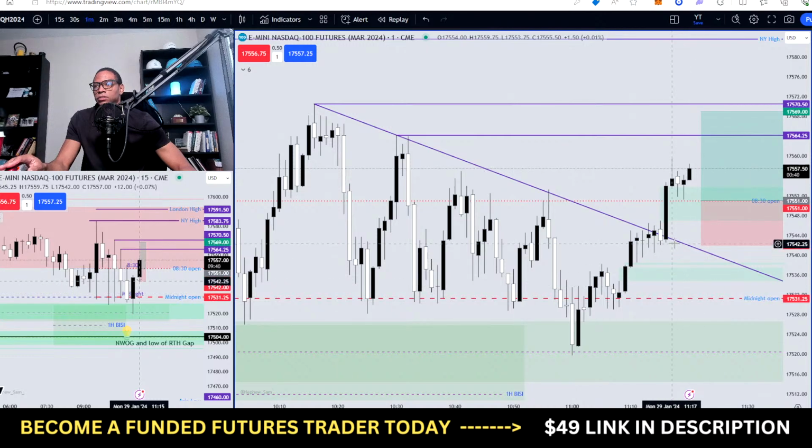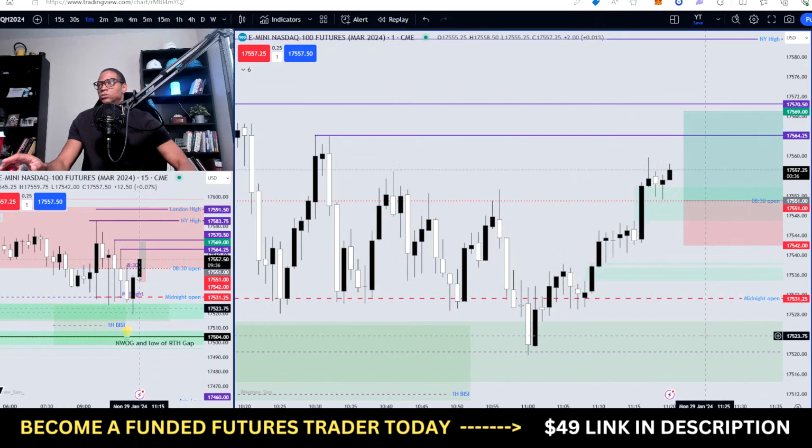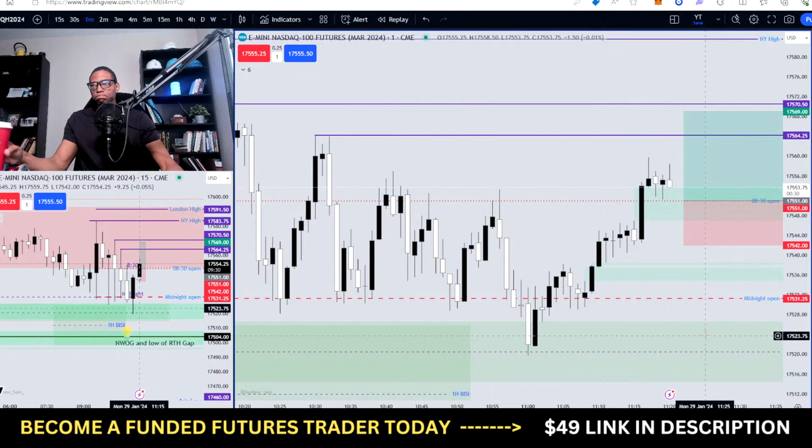So I'm going to take out this trend line now. We don't need it. I was just showing it to prove a point. Stop loss of break even.